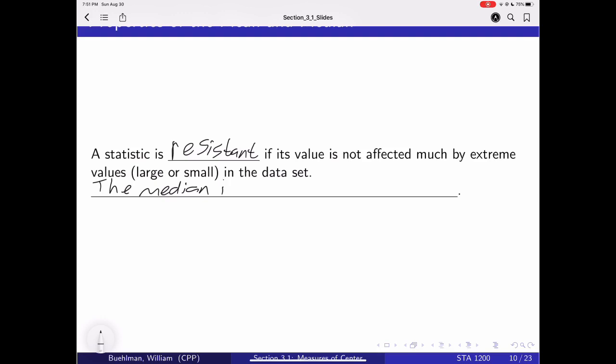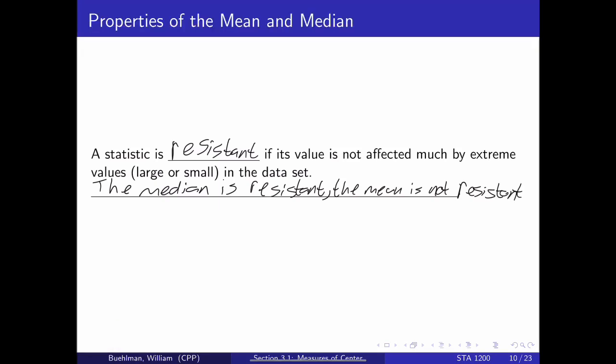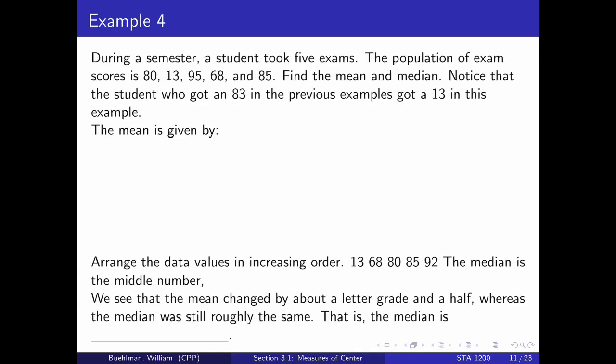The median is resistant. The mean is not resistant. That's something you guys are going to want to remember, that the median is resistant to extreme values, the mean is not. So here we're going to do an example to show you how that works.